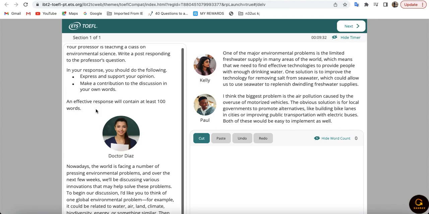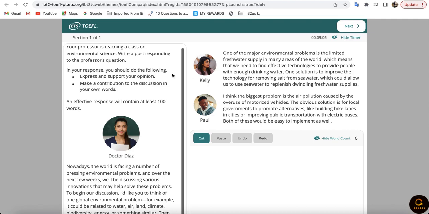We have to provide our opinion and also some reasons to support it. It's like common sense, no? Because if you're saying something, you have to support it. You cannot say anything out of nowhere. You have to be very concise, on point, and you have to support, strengthen your position.